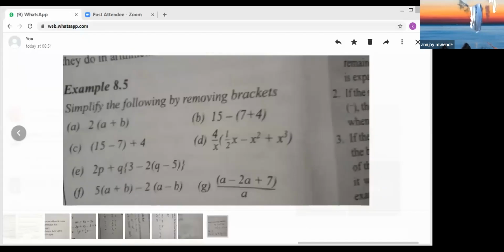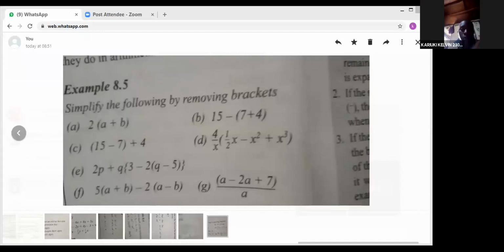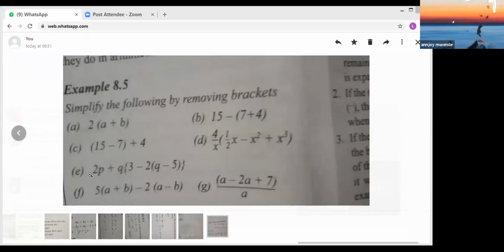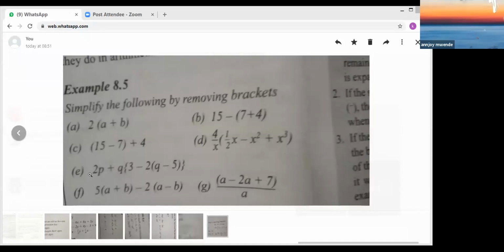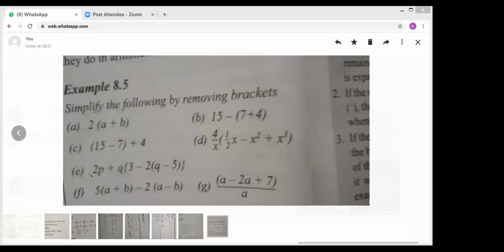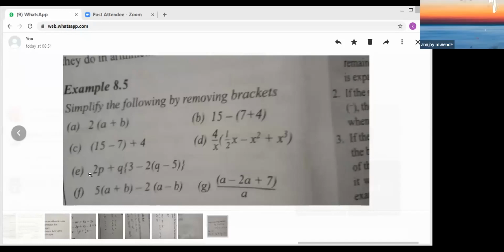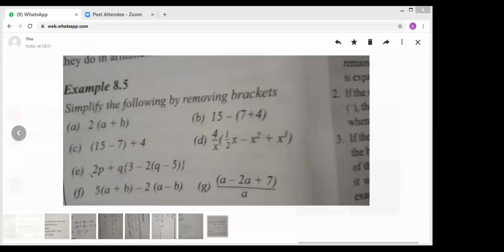Yes. Part E. Thank you. Okay, welcome. Two more minutes. Samuel Rukenya, your hand is up. Unmute yourself.